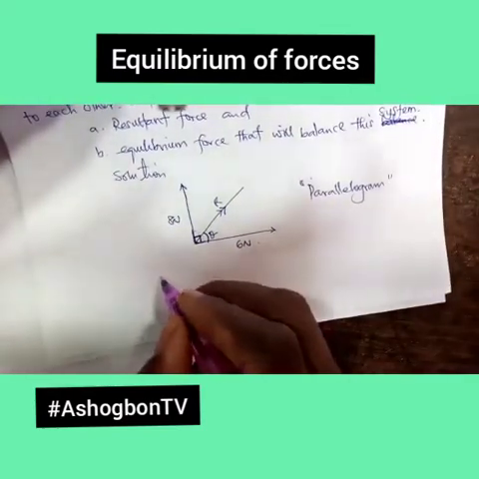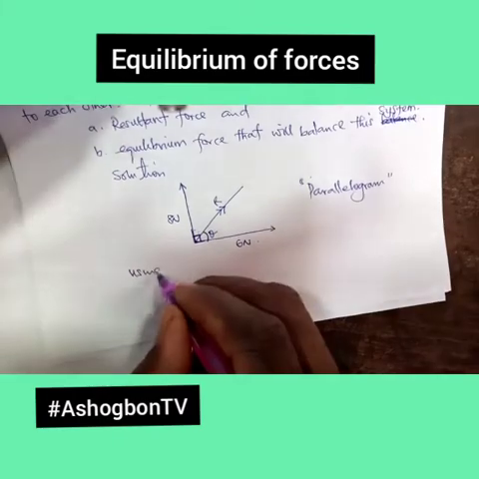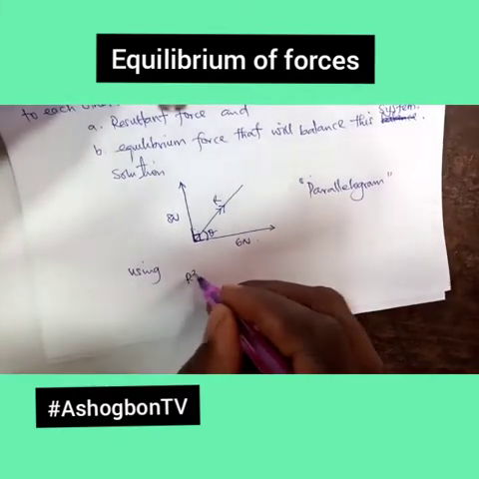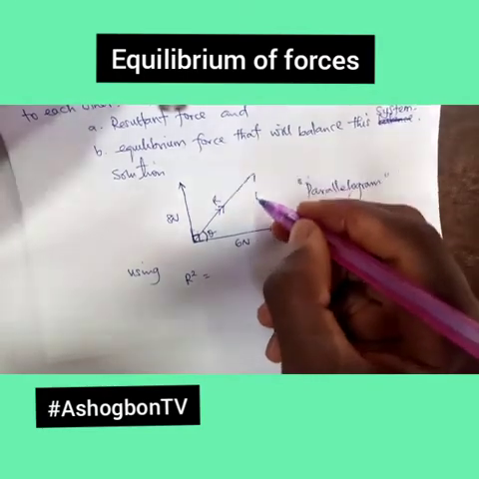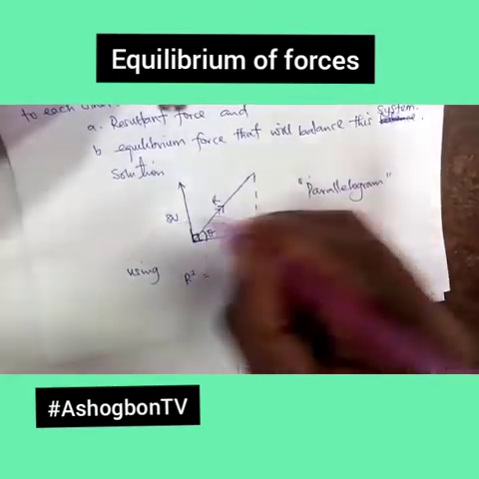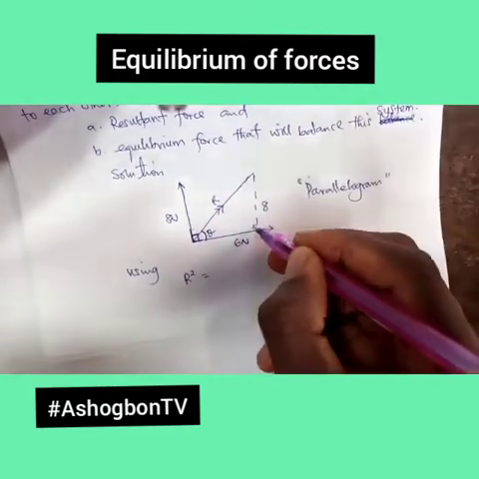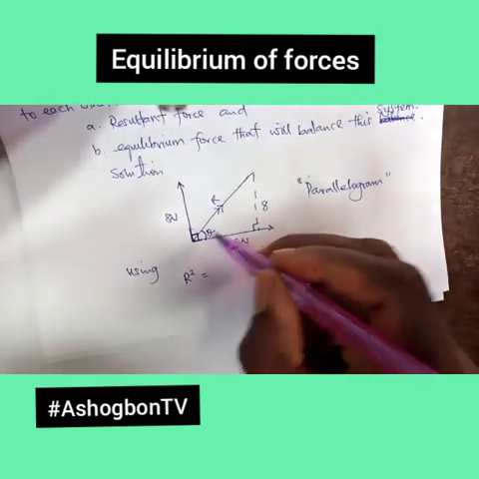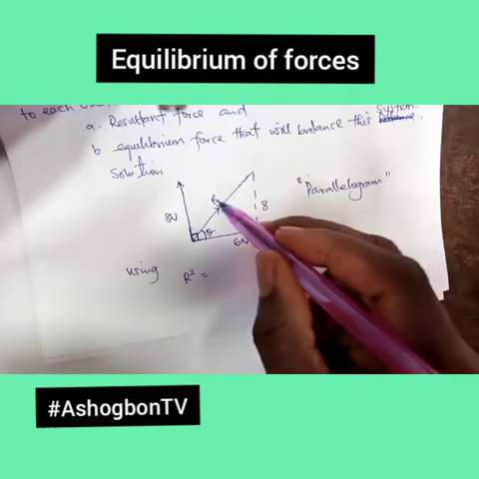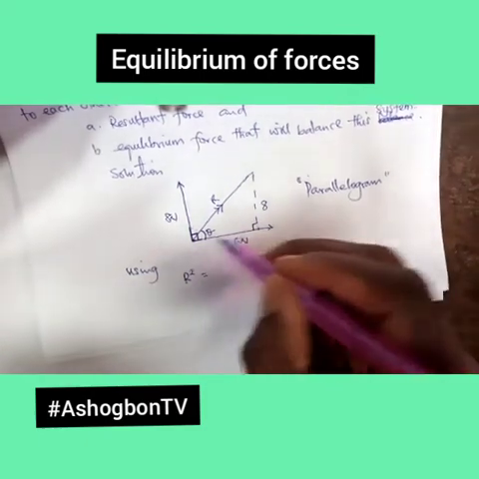And that's what I'm going to be doing here. So I'm going to be saying, using, here I have R squared. If you check very well, if I project this a bit downward, you will see that this is 8, isn't it? And this automatically will be an angle of 90 degrees. And if you check it very well, you see this is the opposite, isn't it? This is your hypotenuse, while this is your what? Adjacent.